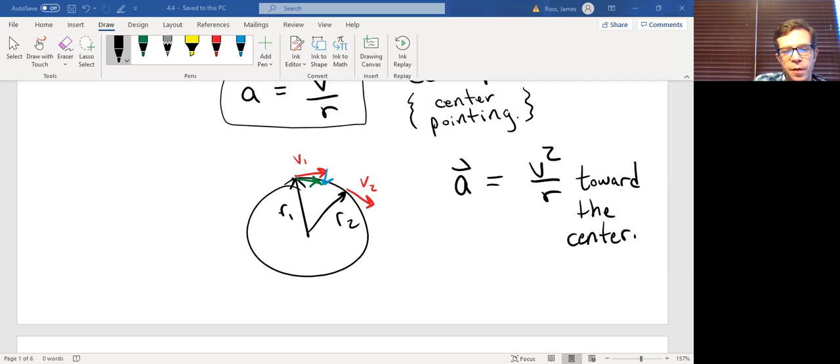Now, if we talk about the speed of the canoe in still water, then that would be the reference frame relative to the water.